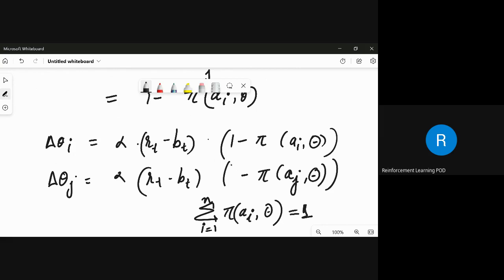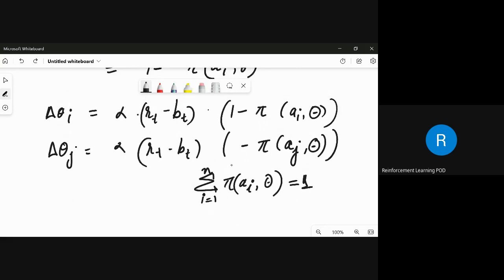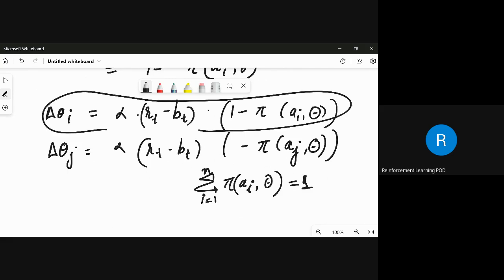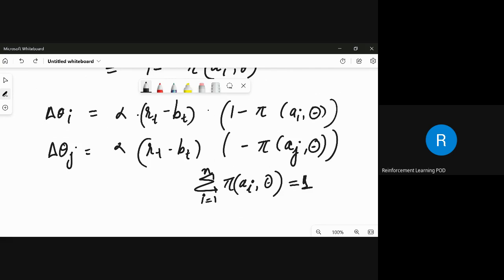So if you sum this over all j's except i, and then add this quantity, this will become 0, so that your updates are consistent with the requirement that the sum of probabilities of taking all the actions should sum to 1. That means whatever you are increasing over here is basically what you're decreasing from the probabilities of taking other actions. Does it make sense?